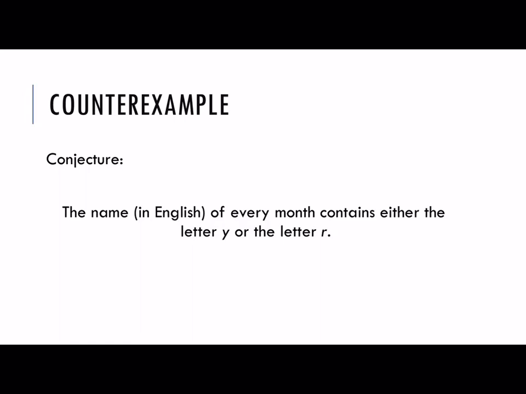So let's say that our conjecture is that the name in English of every month contains either the letter Y or the letter R. So maybe somebody came up with this conjecture.